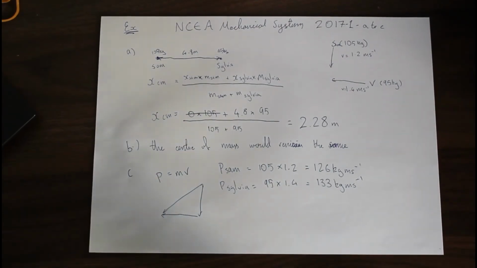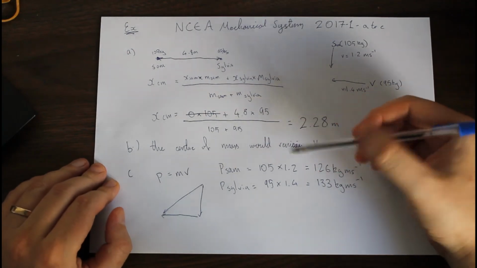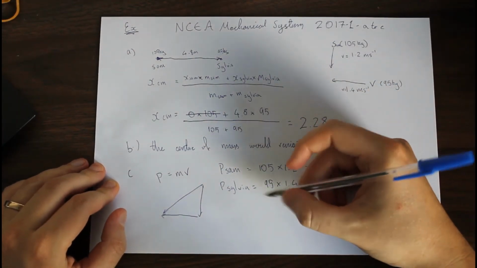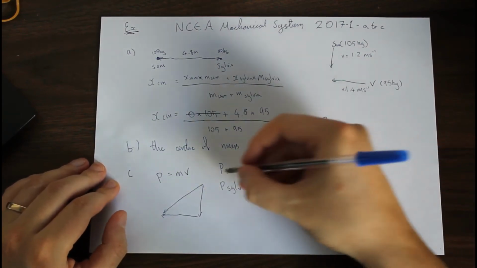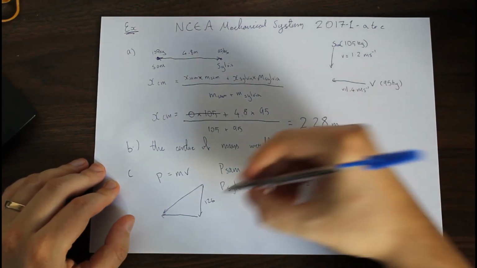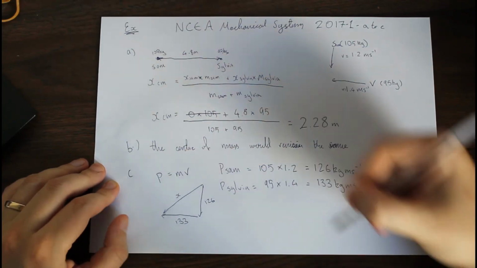Cool, so we have our vector diagram here. We're going to put our momentums on. Momentum being a vector, it has both a quantity and a direction, so it involves that velocity. So I've got 126 going this way, 133 going this way, and I want to know this one here, our x.